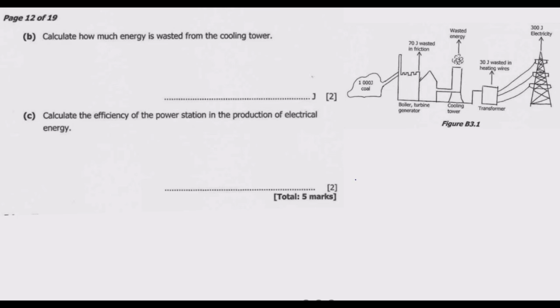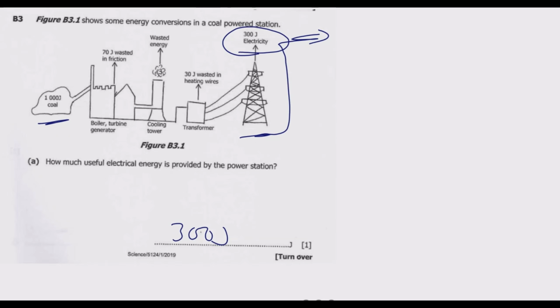B, calculate how much energy is wasted from the cooling tower. So if you see, basically let me just go back, the bigger one. So we want the energy wasted on the cooling tower, which is this energy. So we know we are starting with 1000, then what we are ending up with, the useful, is 300 joules. Then we know that at the boiler turbine generator we are wasting 70 joules, then at the transformer we are wasting 30.